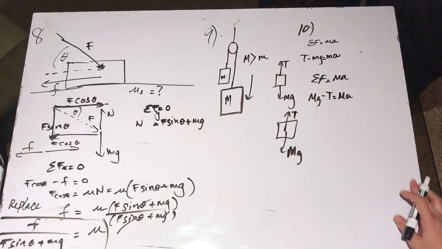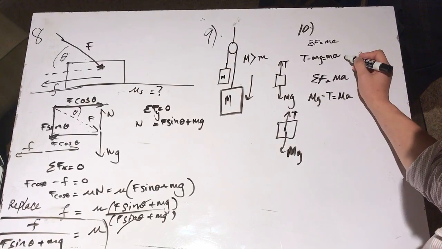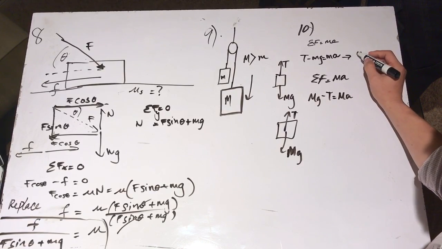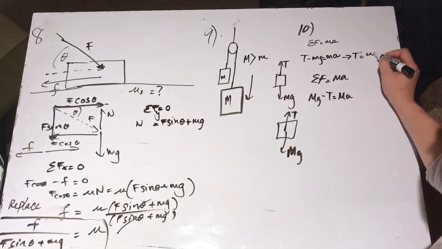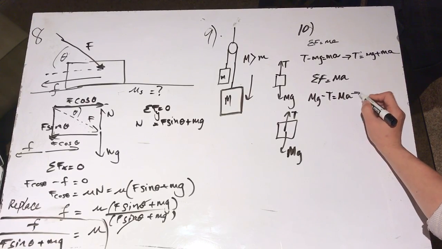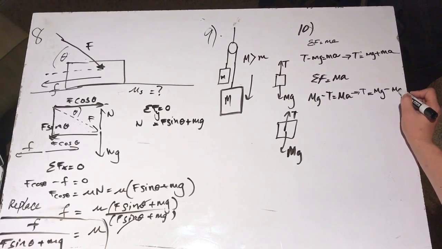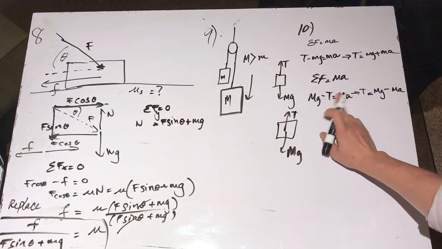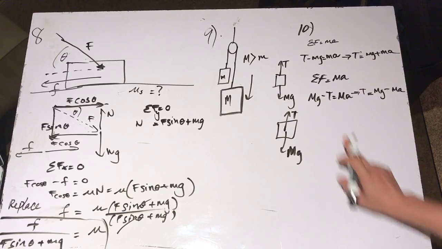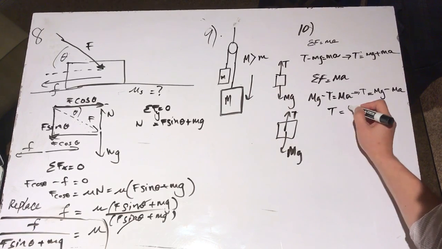So what I will do is set this one, so it will be T equal to mg plus ma. Same thing: T is equal to Mg minus Ma. I put this one on the right and I subtract that from there. And now I set T equal to T.